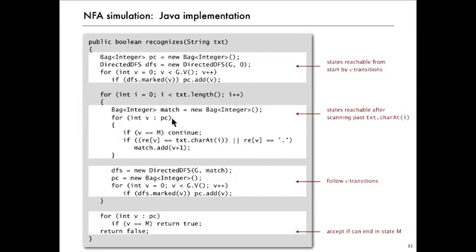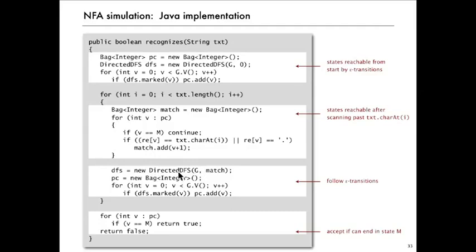And so we do that for all states in our PC, the states that we could be in while looking at the ith character. If we have a match, then we put the next states into match. So now what we have to do is follow the epsilon transitions from match.